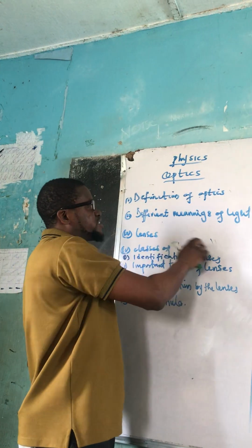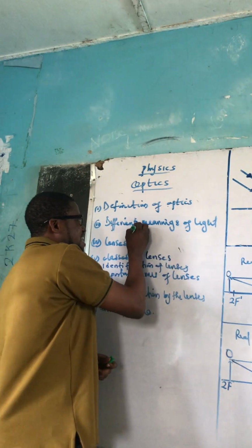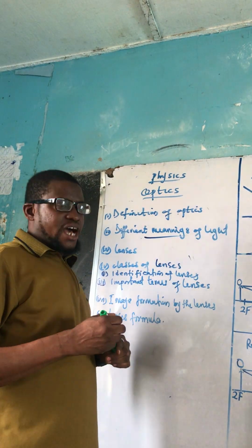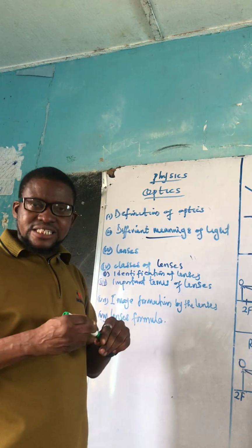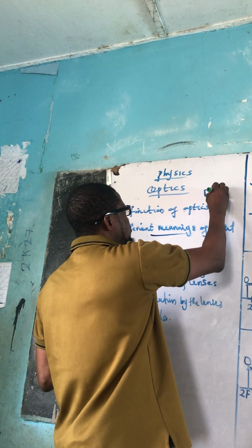So if optics is generally the study of light, there are about three meanings for light. When we mention light, it can be treated as rays.